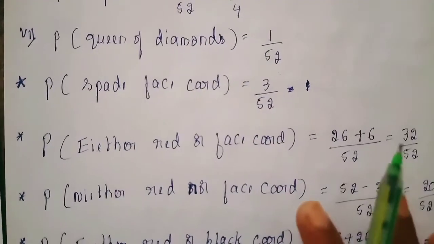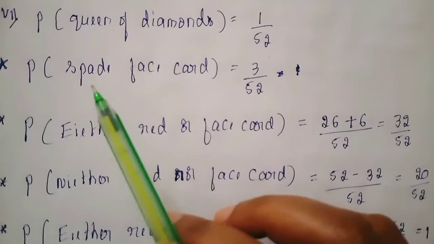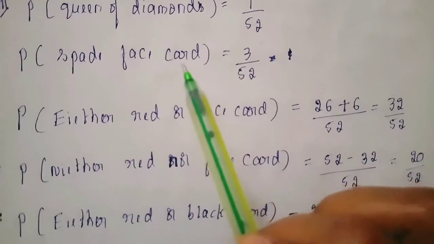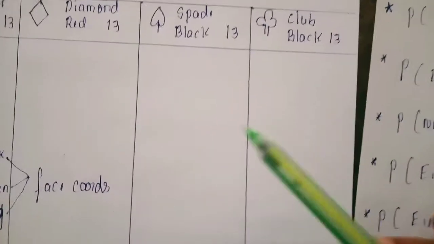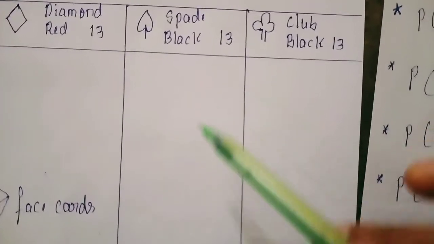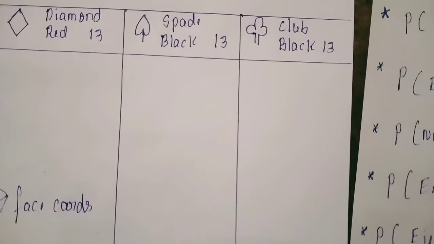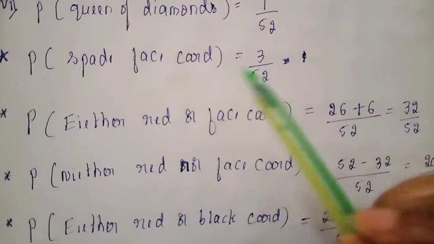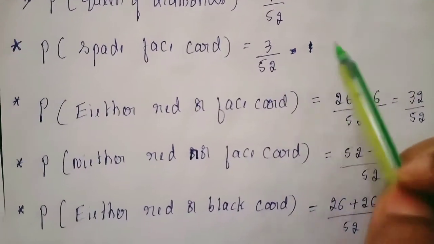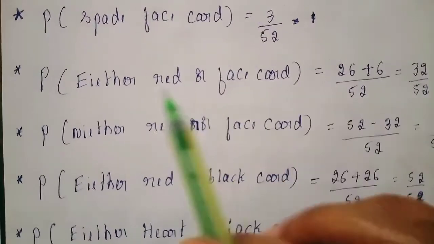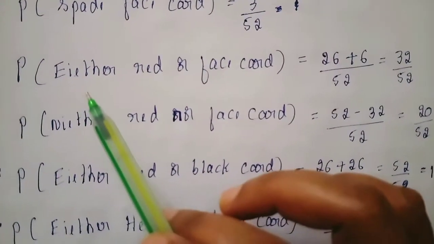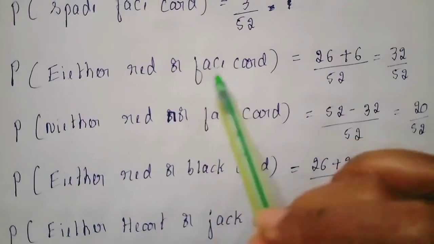Let us start. Probability of spade face card. So here I have mentioned spade. So in spade, how many face cards? Yes, there are 3 face cards. So probability of a spade face card is 3 by 52. Cancel and keep the answer. Next, probability of either red or face card.